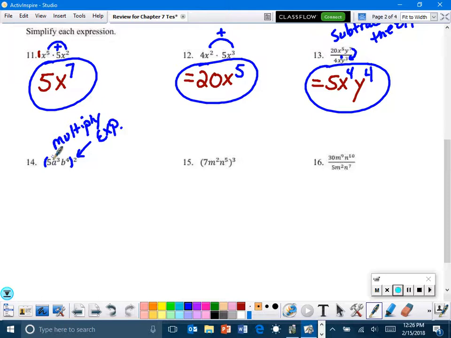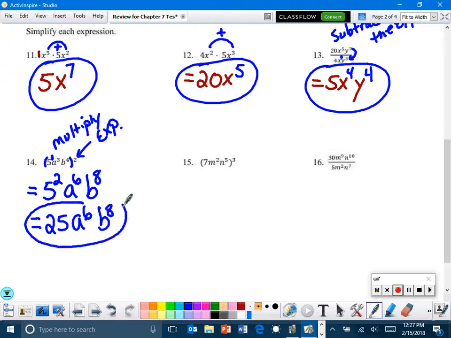So the exponent on the 5 is a 1. 1 times 2 is 2, so that's 5 squared. 3 times 2 is 6, so that's a to the 6th. And 4 times 2 is 8, that's b to the 8th. Okay, we're not quite done because 5 squared can be rewritten as 25, followed by a to the 6th, b to the 8th. That's the answer we're looking for.